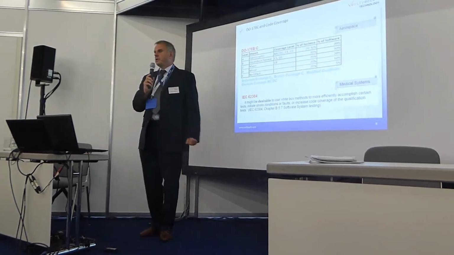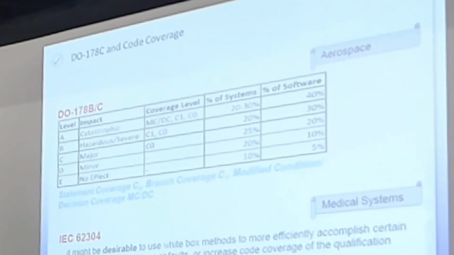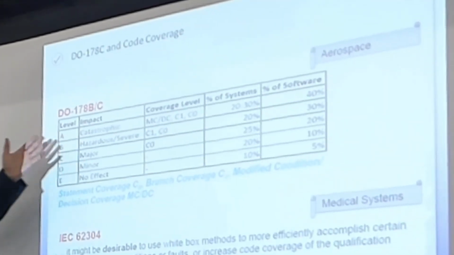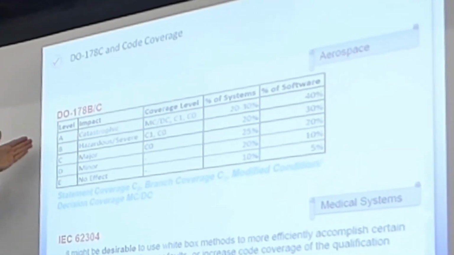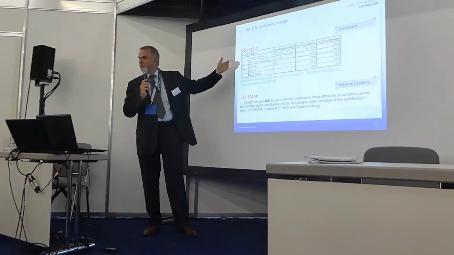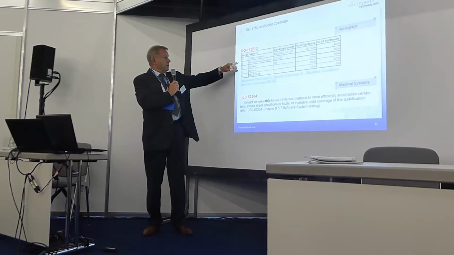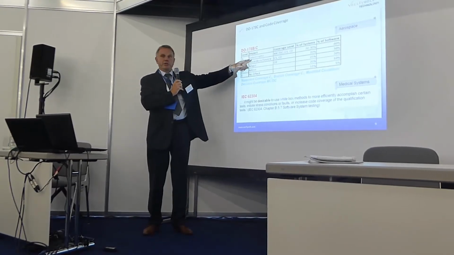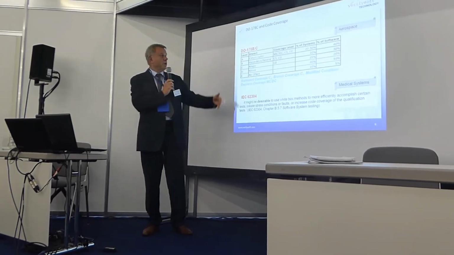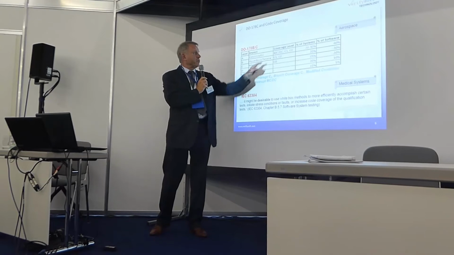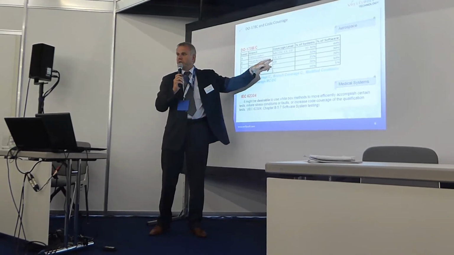So what does the standard request here for avionics? It is the DO-178. The more dangerous the level, the more you have to test. We have level A, which is catastrophic, so the airplane crashes when something is going wrong. This, of course, you have to test at 100% MCDC coverage.